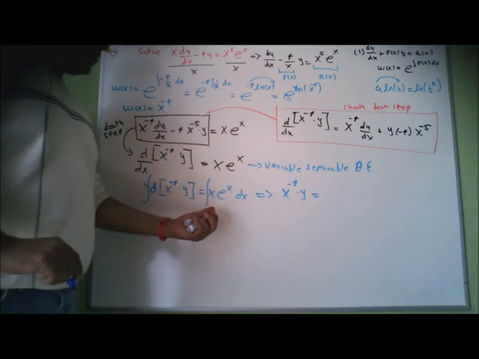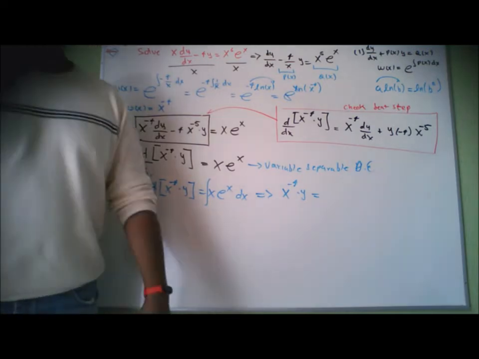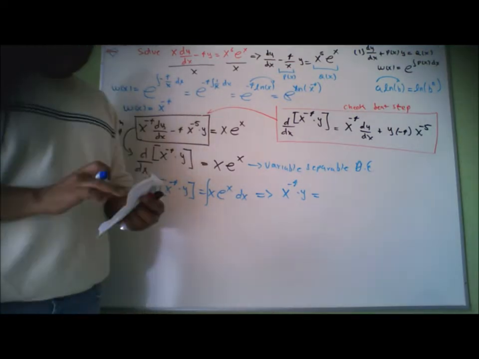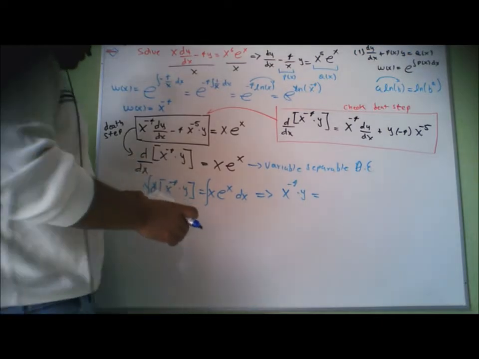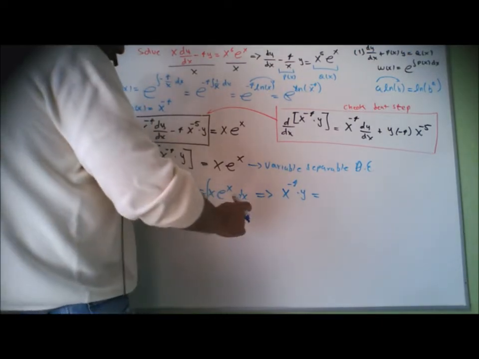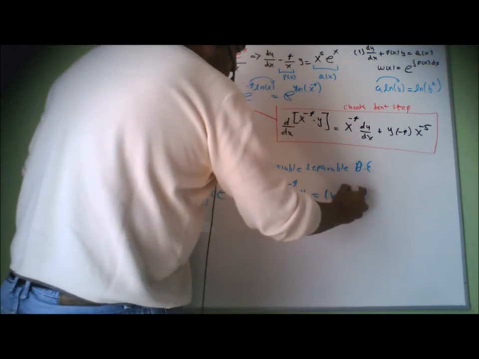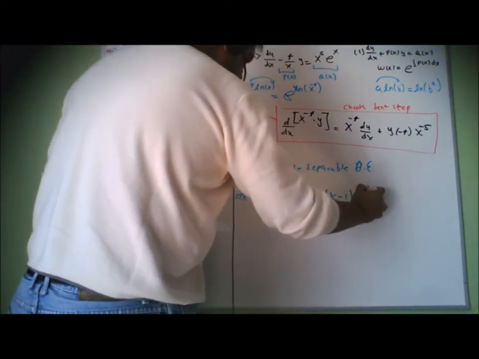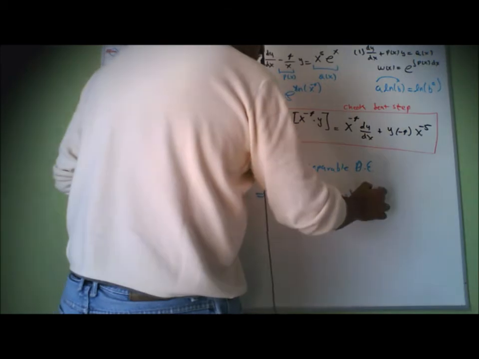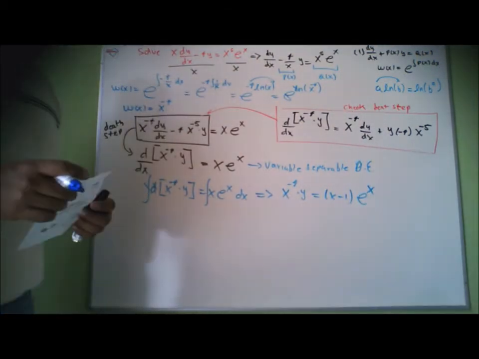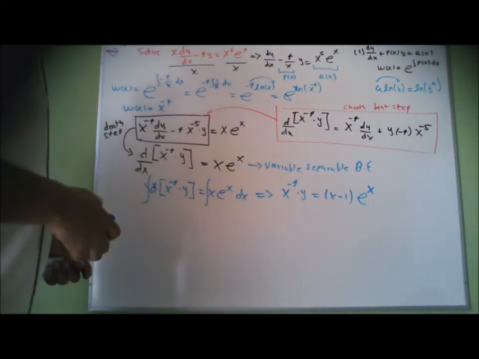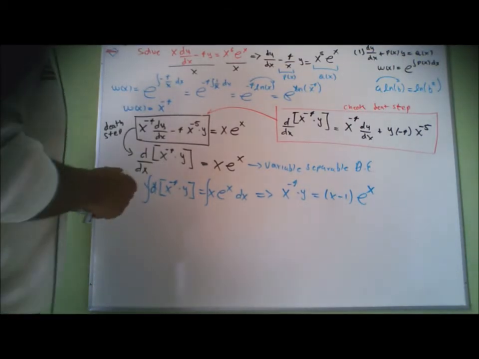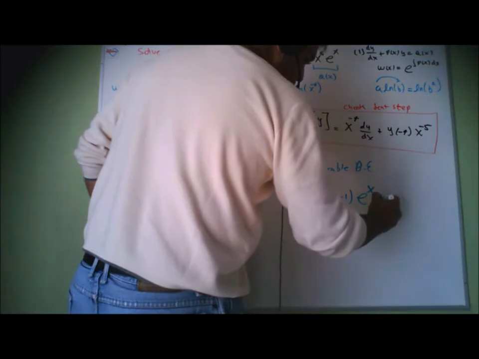I can use integration by parts or use the table of integrals. In the table, the integral of this is just x minus 1 times exponential of x.